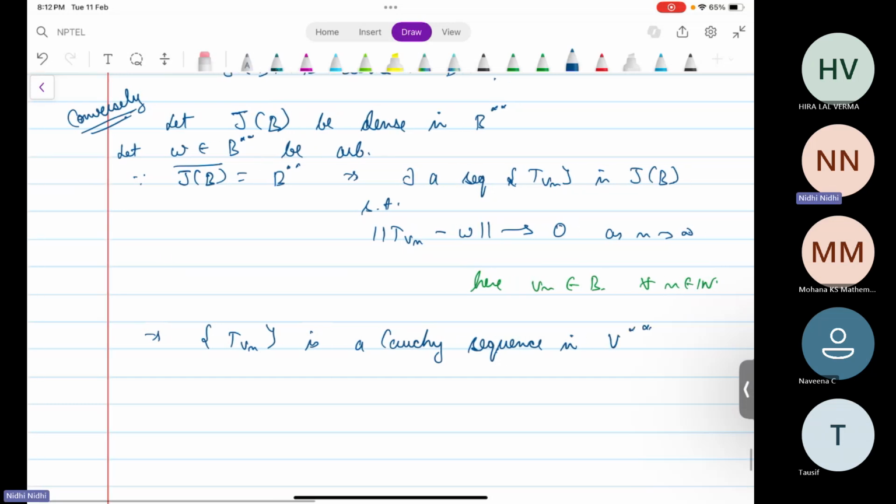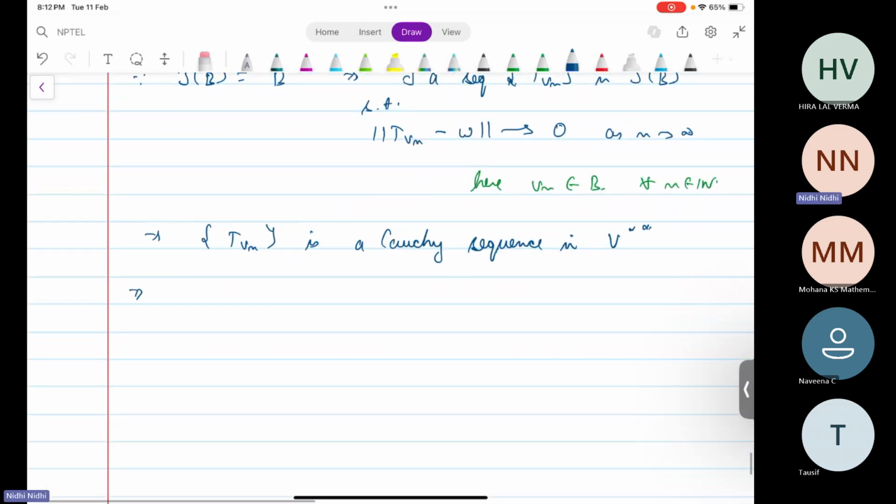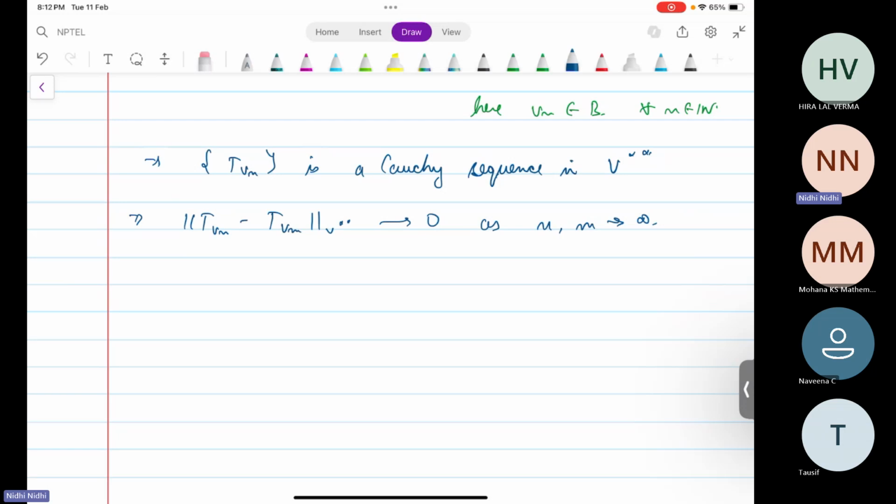This implies norm Tvn minus Tvm in V star star goes to 0 as n tends to infinity. Or we can say that norm Jvn minus Jvm in V star star goes to 0 as n and m tend to infinity.